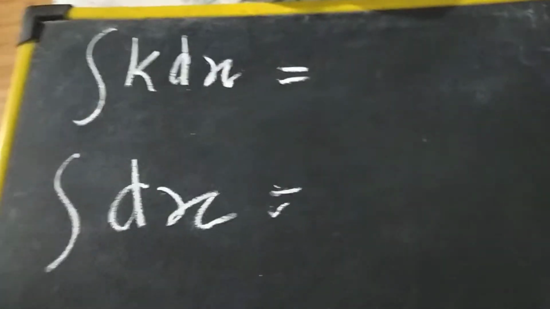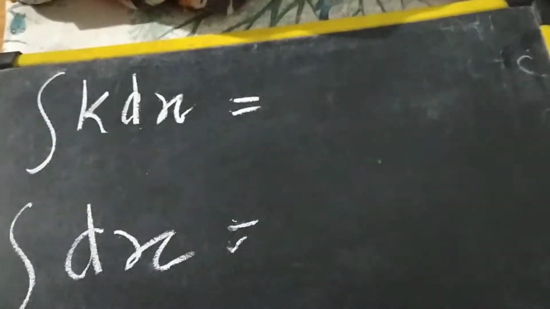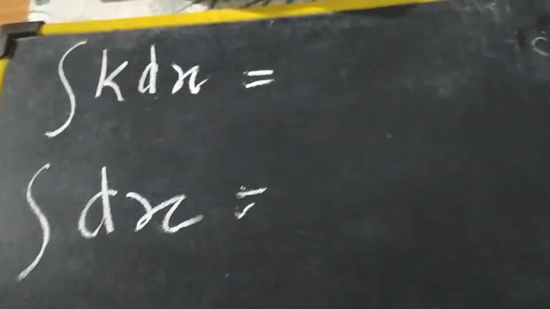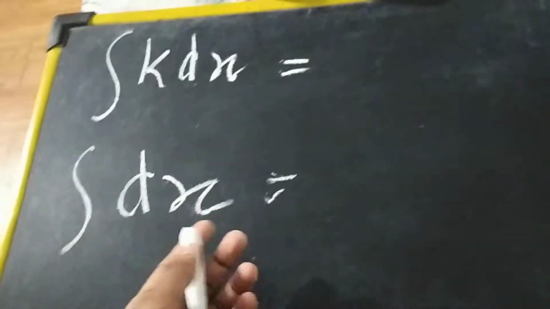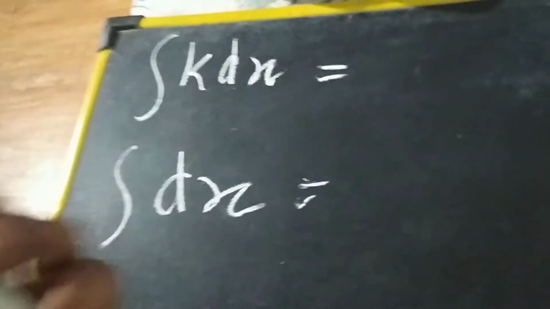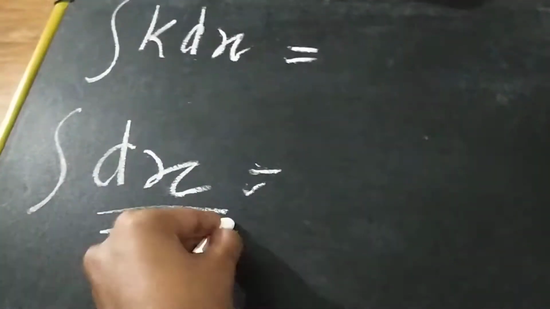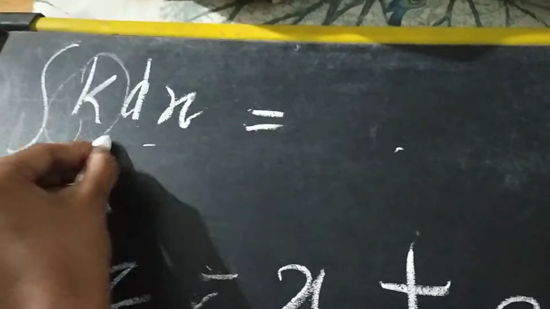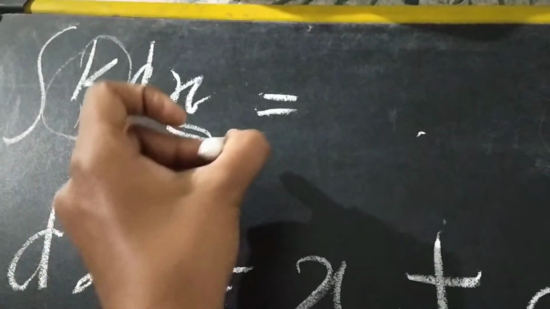Now these two formulas are not given in the textbook, but I am giving them to you so that your concepts will be easy, and this is given by my tuition sir who teaches very well. So anyway, the integration of dx is x plus c. So what will be the integration of k dx? Here k represents nothing but a variable number; you can write any alphabet here.